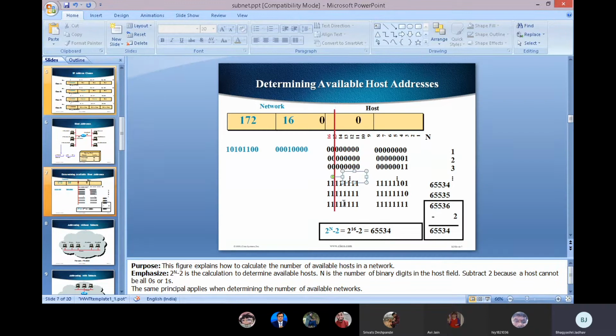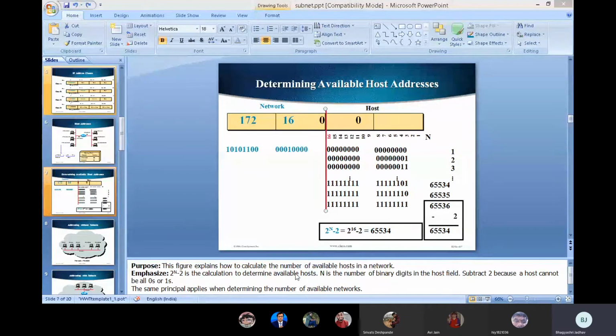These are 16. Because of that, we mention 2 raised to 16 minus 2. Then our answer will come. 2 raised to 16, the answer is 65,536. Minus 2, then the answer is 65,534. 2 raised to n minus 2 is the calculation to determine available hosts.